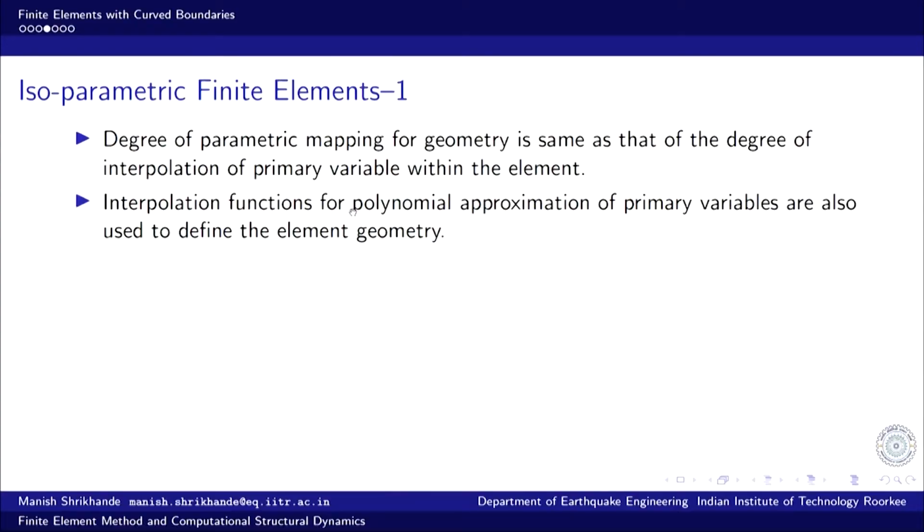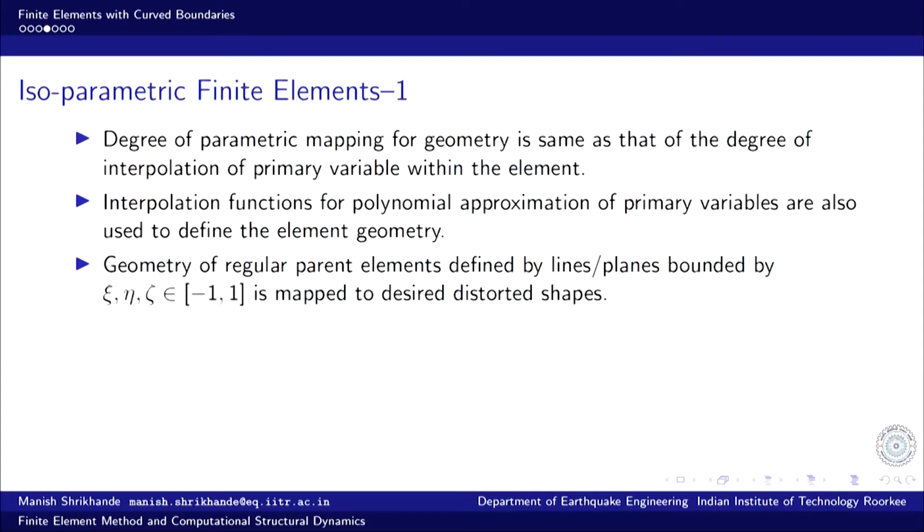So, interpolation functions for polynomial approximation of primary variables are also used to define the element geometry in exactly same form. The structure remains the same, u is equal to N_I u_I and x is equal to N_I x_I.